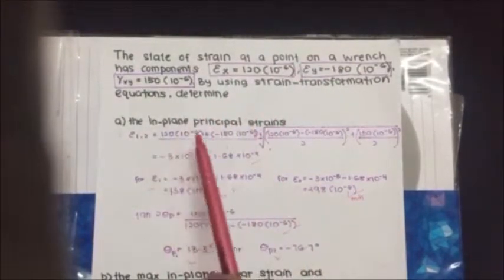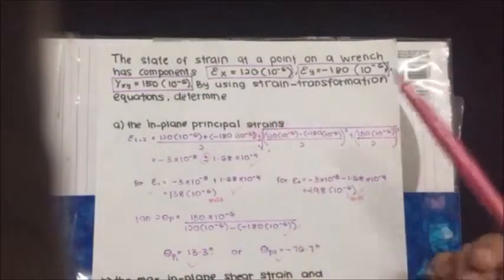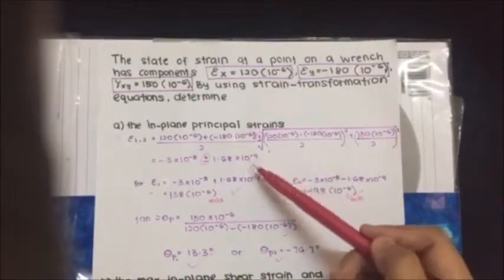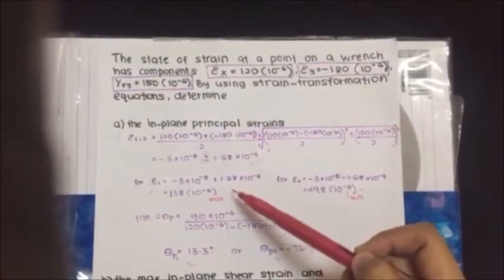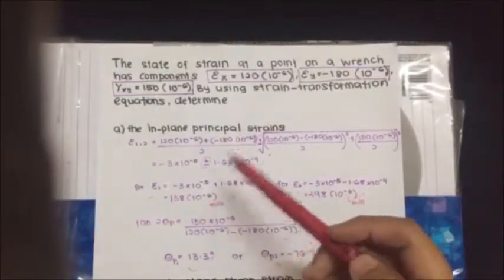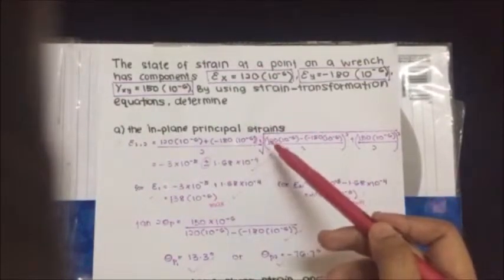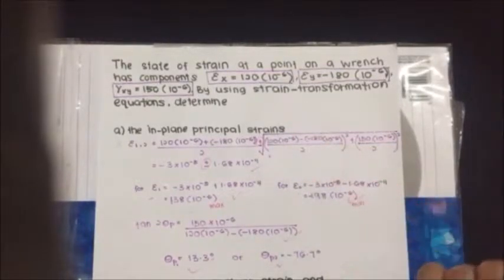To find the principal strain, we use this formula. Just substitute the values from the question into the formula and calculate it. For the answer which is positive, it means the maximum principal strain, and for negative, it is the minimum principal strain.